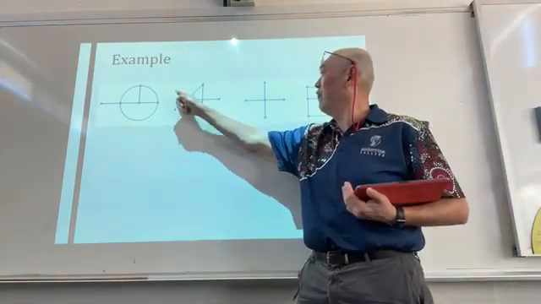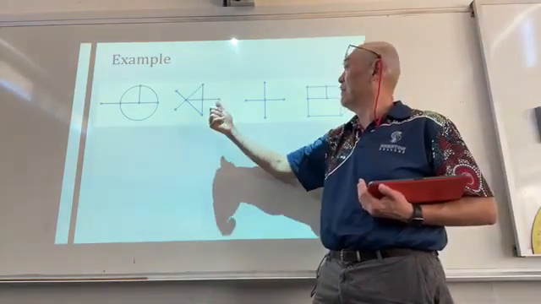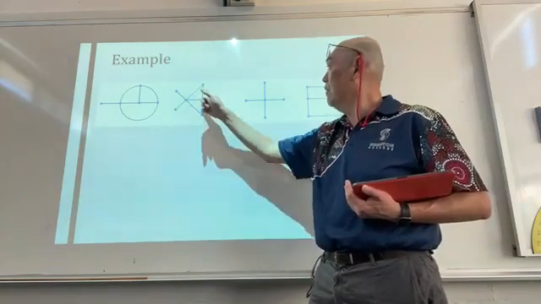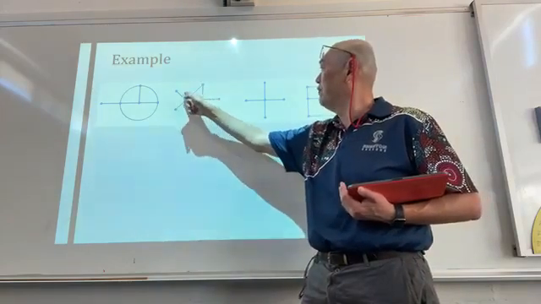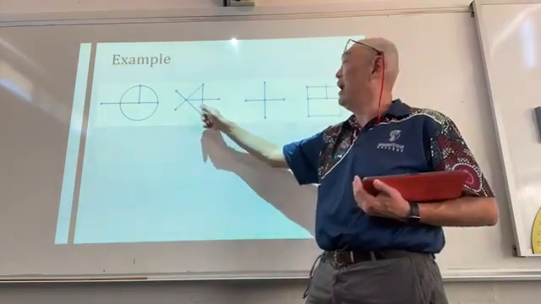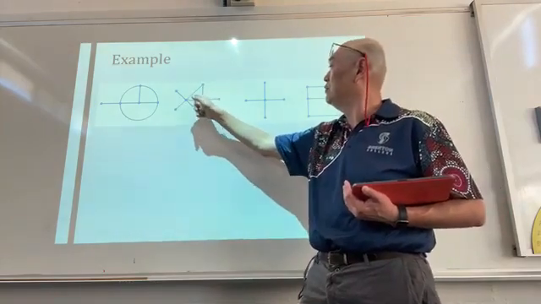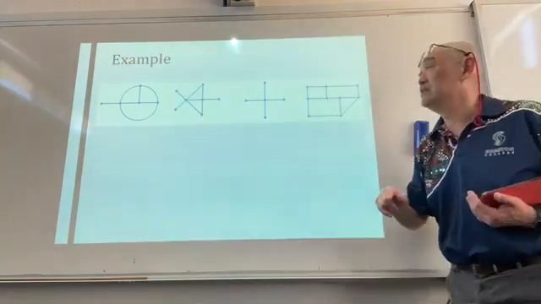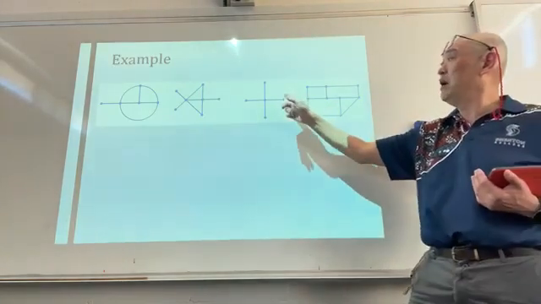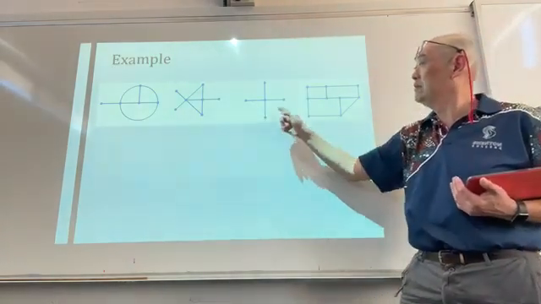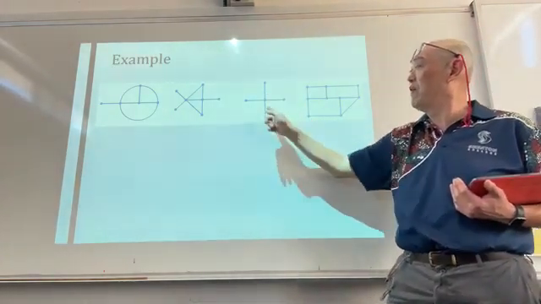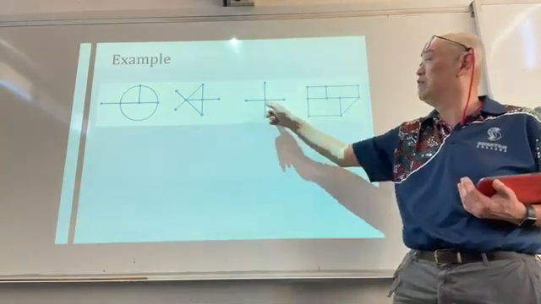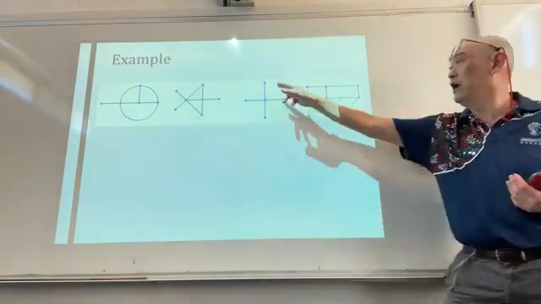What about this? 1, 2, 3, 4, 5, 6, 7 vertices. 1, 2, 3, 4, 5, 6, 7, 8 edges. 3 faces. Whereas with this one, that's only one face, but you've got 5 vertices and 4 edges.